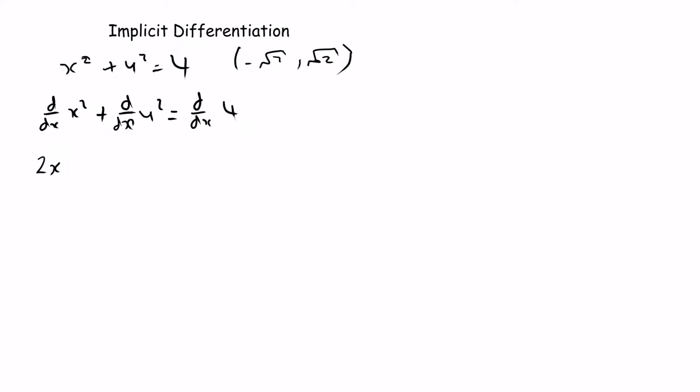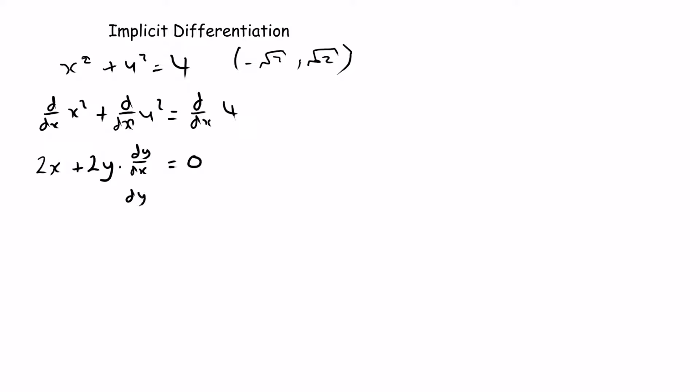Then we can differentiate y squared with respect to x, so it gives us 2y, which is the derivative with respect to u, as before, and then we're going to times that by dy by dx. That's going to be equal to 0 because the derivative with respect to x of a constant is 0.